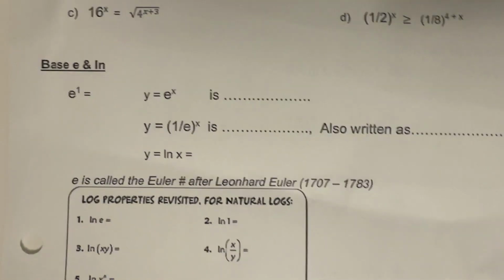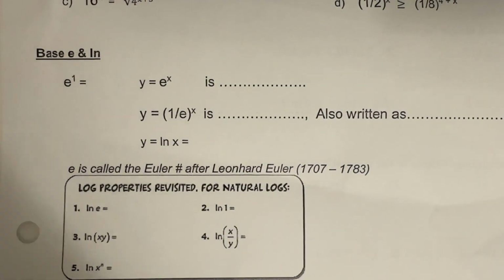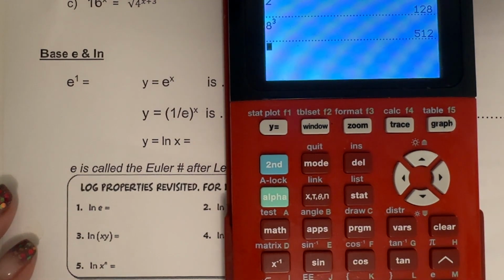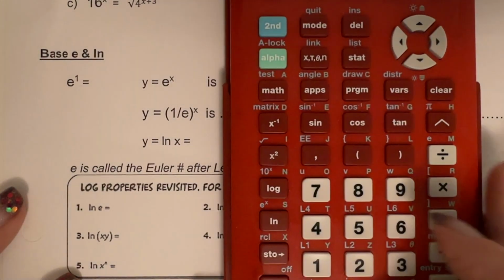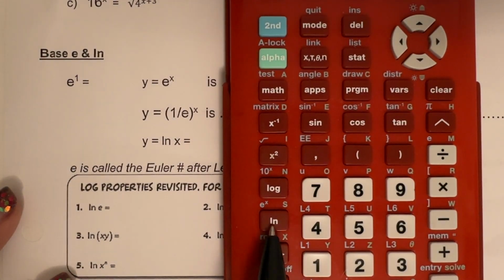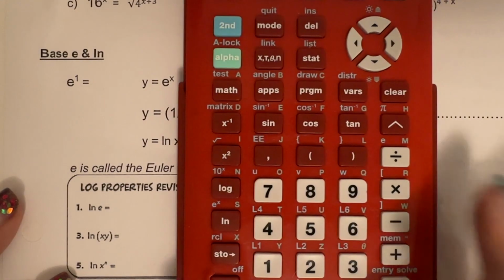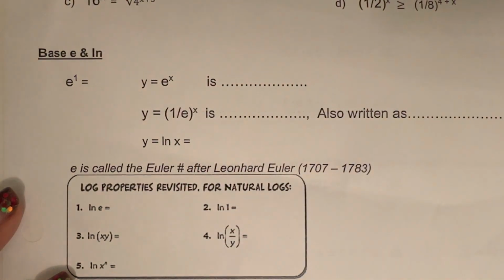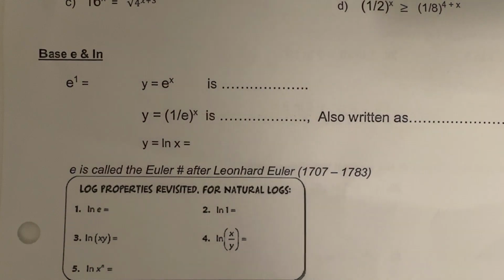So today we're doing natural log. Now, everybody on your calculator, non-graphing or graphing, you should have, if you look somewhere on there, an LN, and usually right near it is your E button. Some of you eagle eyes may have spotted over here, there's also an E button. So the E is just the Euler number.